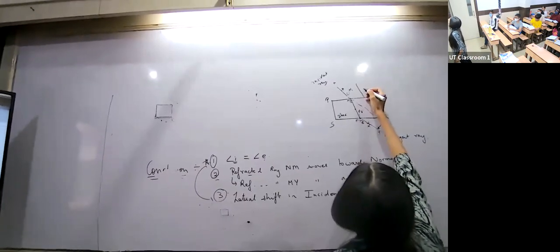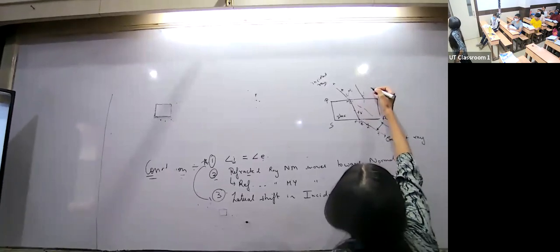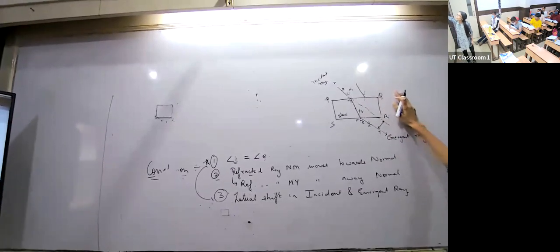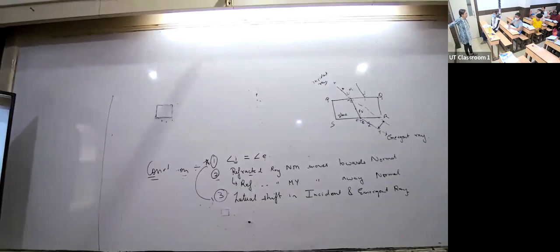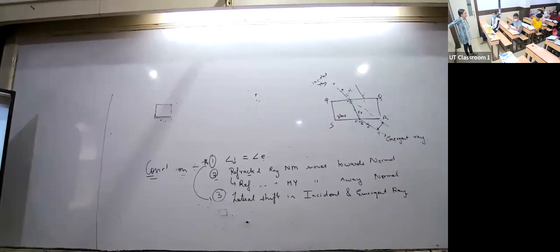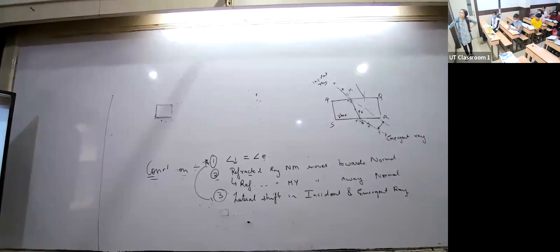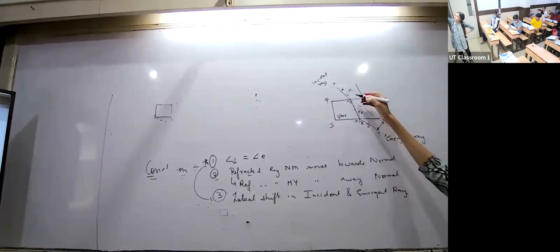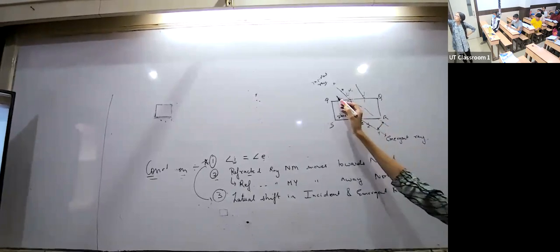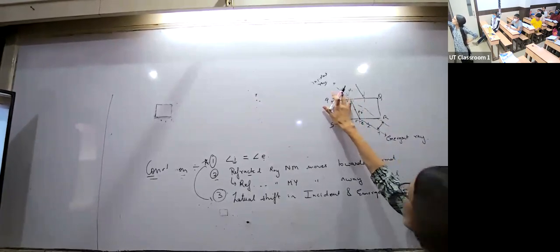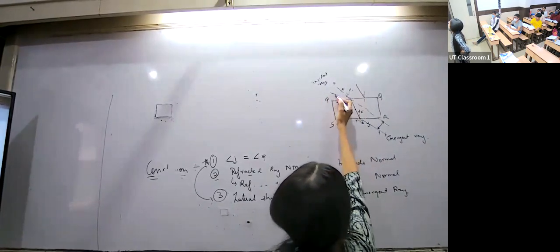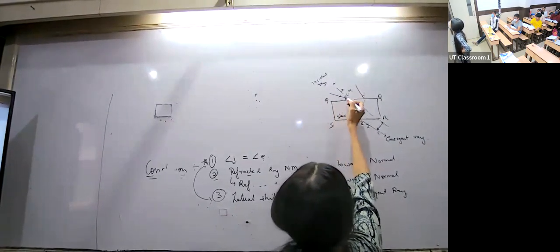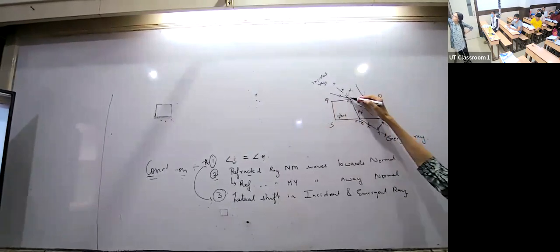The higher the angle of incidence, the lower would the lateral shift be. So he's trying to say that if this is my angle of incidence, then there will be some shift.